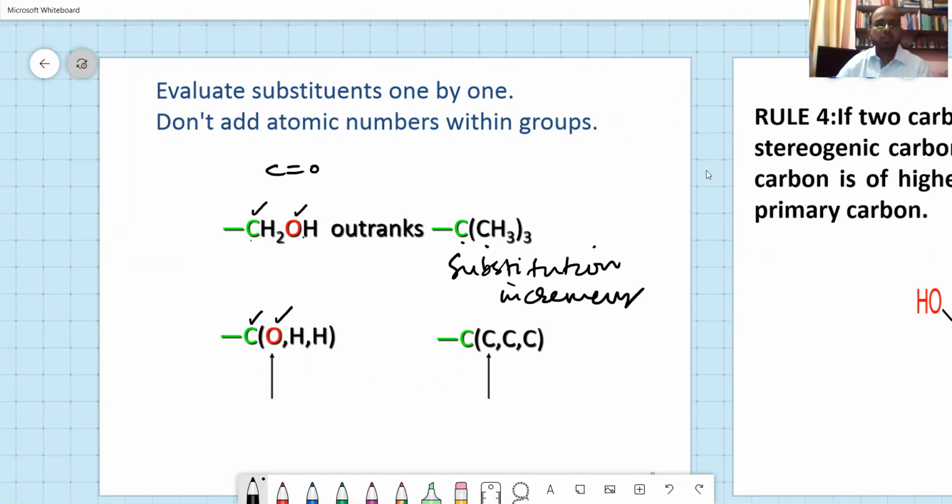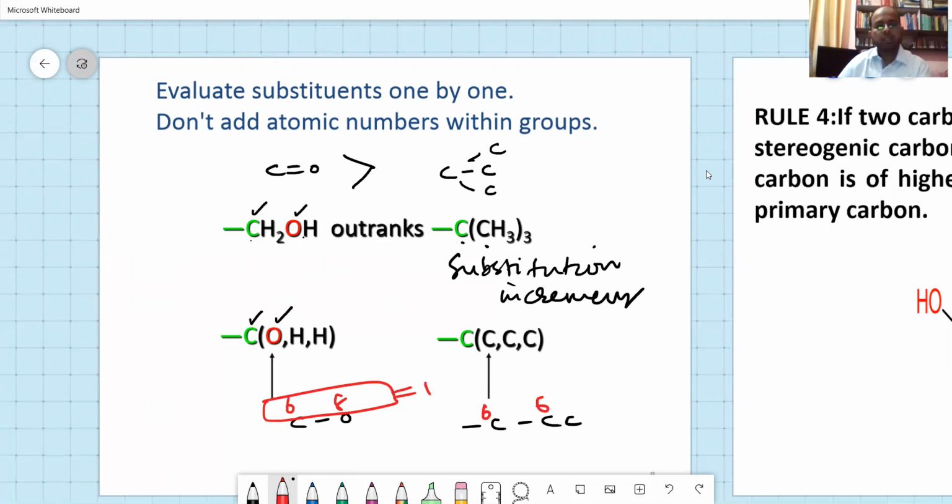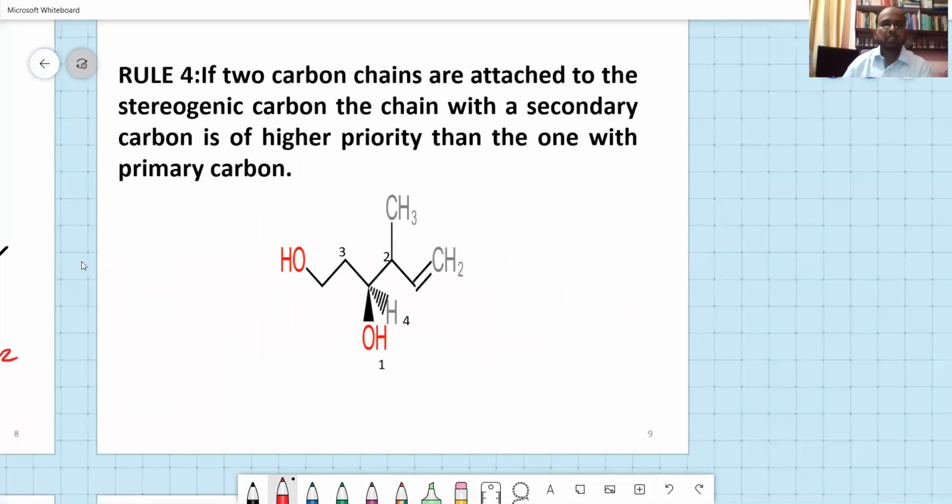C double bond O is greater than C single bond C or C triple bond C. Here CO is given by CCC. So whatever way you take, this will be 6 and this will be 8, this will be 6 and this will be 6. So even if you add them, it will give you 14 and it will give you 12. So 14 is greater than 12. Okay, that's it.